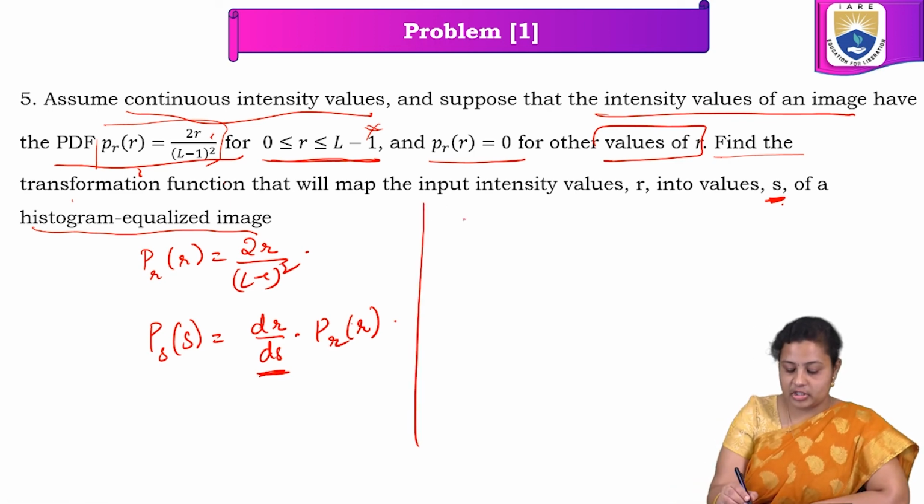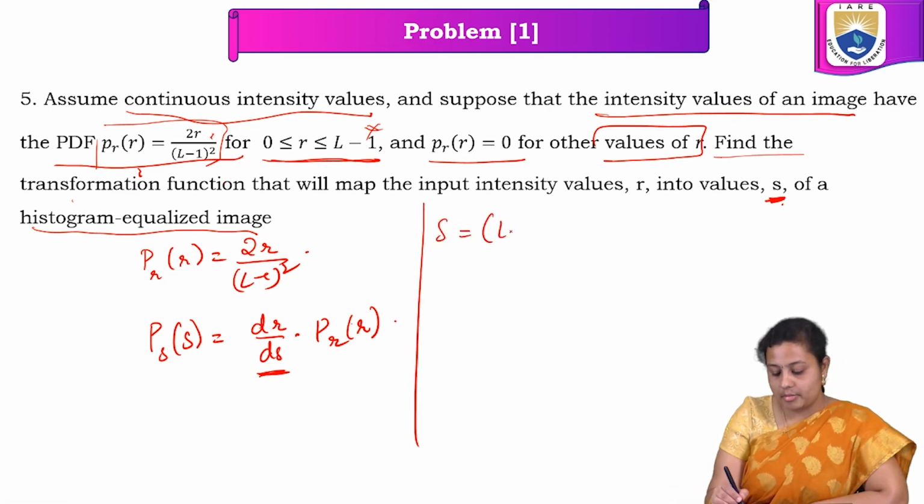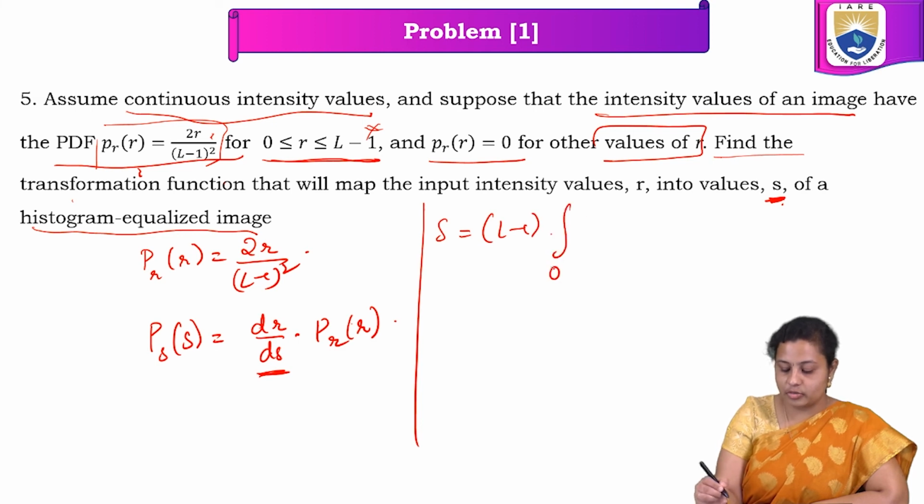From there we have said that s is equal to (L-1) times the integration from 0 to r of p(w) dw.